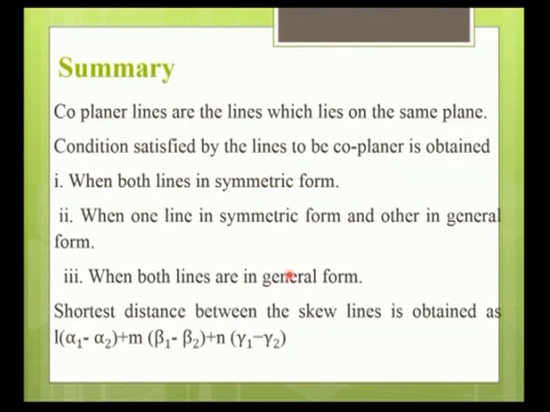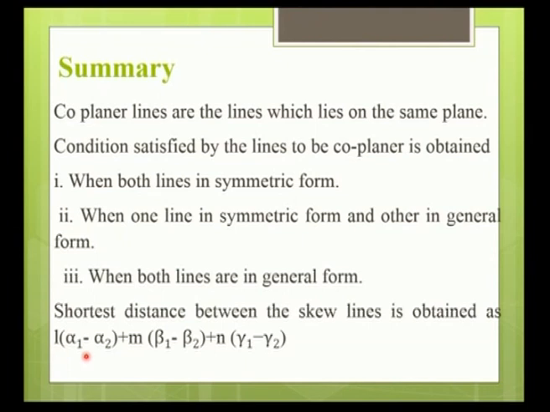Then we discussed the shortest distance between skew lines. The equation to get the shortest distance between two skew lines in the projection method is l(alpha 1 minus alpha 2) plus m(beta 1 minus beta 2) plus n(gamma 1 minus gamma 2). These are all the concepts we discussed in this lecture.